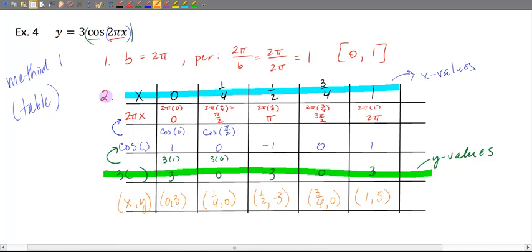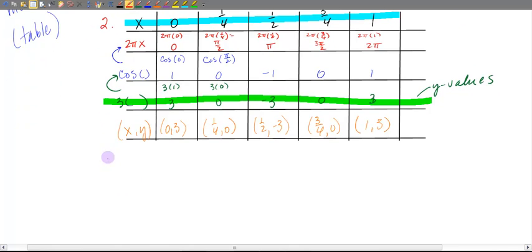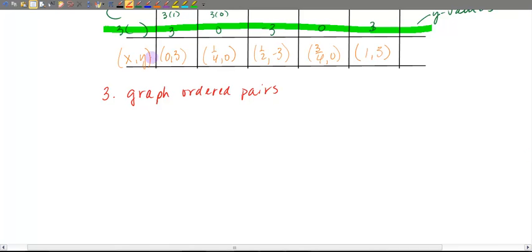Okay, so the second thing that we did was create a table based on my interval and then evaluate the function at that. Finally, we're going to graph the ordered pairs. So I'm going to draw an x and a y axis that's broken up into these first values and has a maximum height of 3 with a minimum height of negative 3.